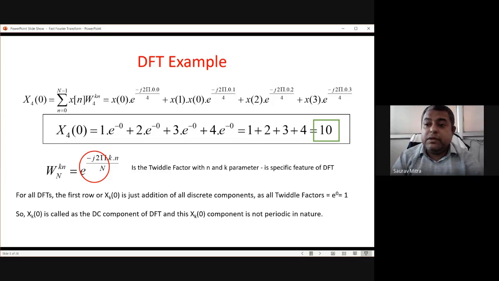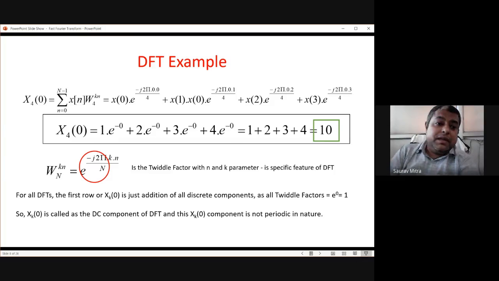It has no frequency, because X0 is the first component in the frequency domain, meaning k is equal to 0. K equal to 0 means no frequency, or DC frequency. So if you add all the components of the x[n] signal, what you get in the frequency domain is the DC component of the signal.